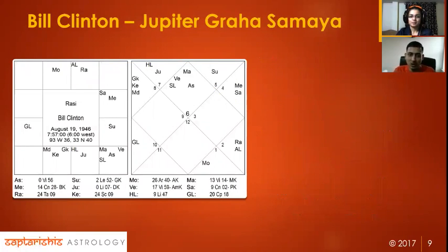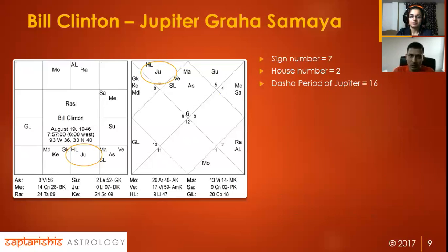Right. Now let's move on to an example of another president, another political figure. Here we have the chart of Bill Clinton. Again, Jupiter Samaya is what we are calculating. Jupiter is in Libra sign, second house.